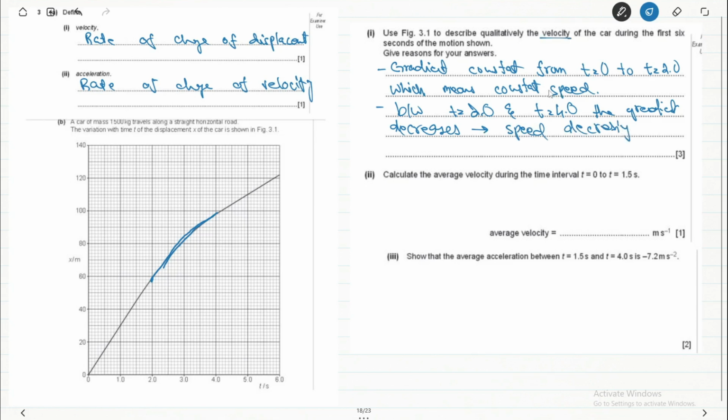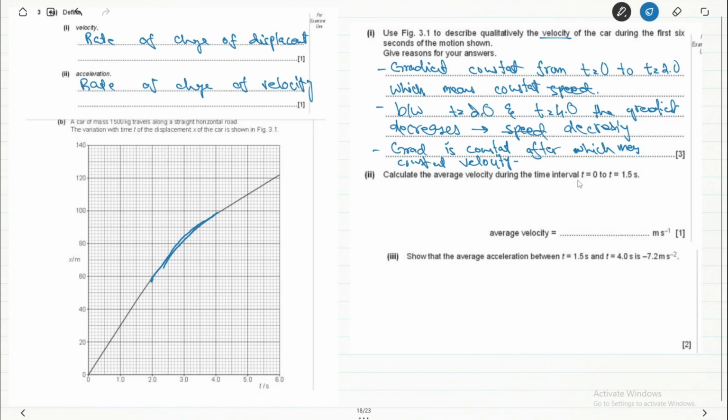You have to use the word velocity here, my bad. And afterwards, the gradient is constant, which means constant velocity, right? Velocity. Now, the question asked you to give the answer in qualitative form, so you don't have to include any numbers about the acceleration or velocity.